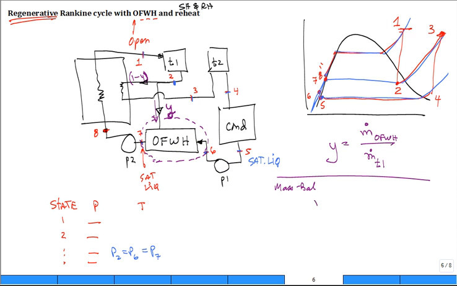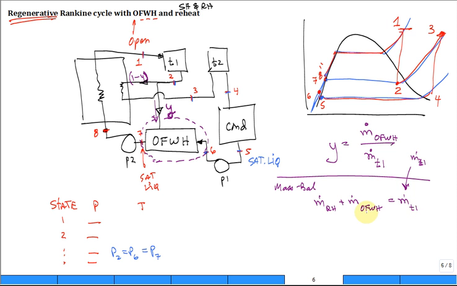So the mass flow rate that went for the reheat plus the mass flow rate that came to the top of the open feed water heater is equal to the mass flow rate that goes into the second pump, which is the same as the mass flow rate that goes into the first turbine stage. Because what goes through the second pump goes through the steam generator on that first pass, and goes into the first turbine stage. So just write this like T1.